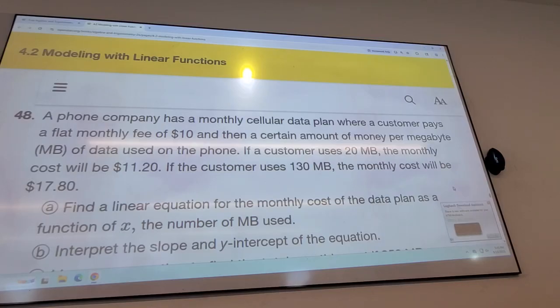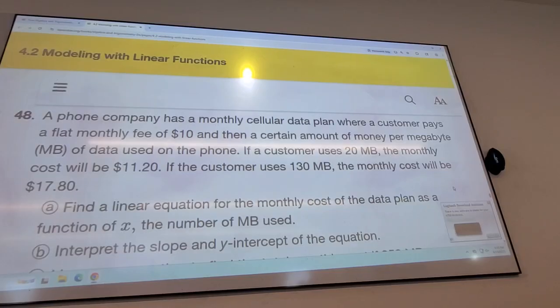Take 10 out. How much did they pay just for the megabytes? $1.20. You with me? I think that's related to what you're thinking about, possibly. The $10 is in the $11.20. You don't have to solve it that way, though.